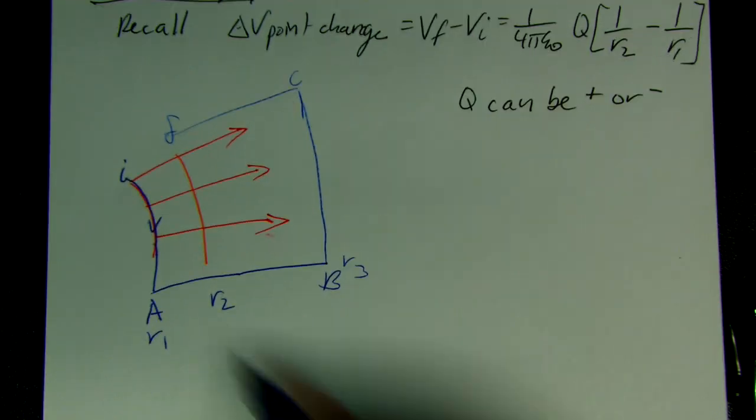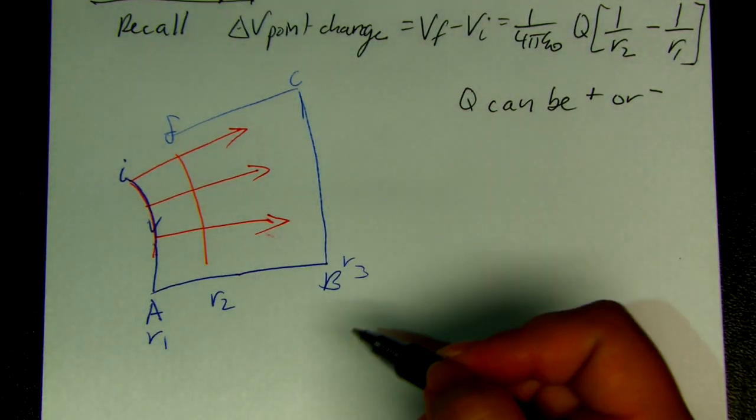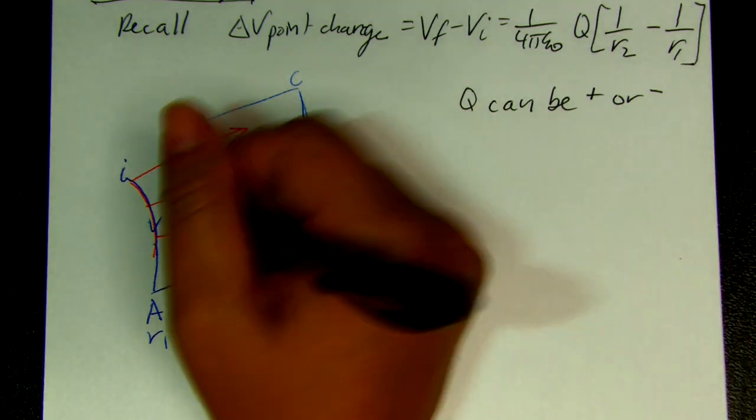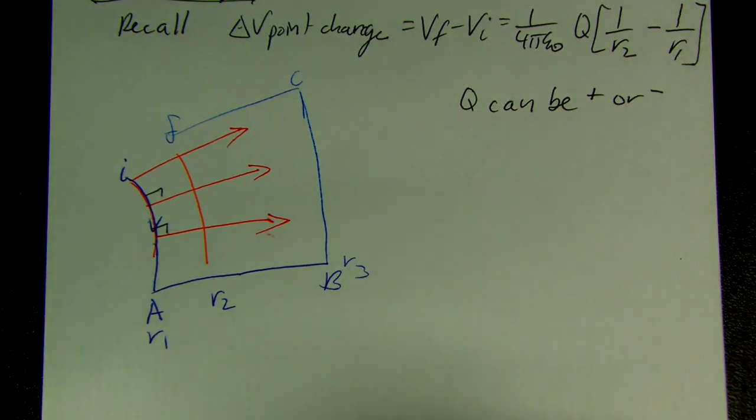All right, so we are taking this path around a point charge. So we know that all of these are going to be at 90-degree angles because it's radiating out in all directions. All right, so let's see what happens with these 3 spots.